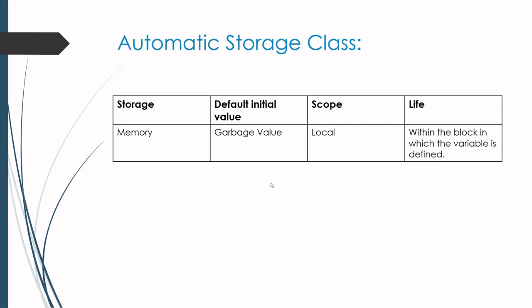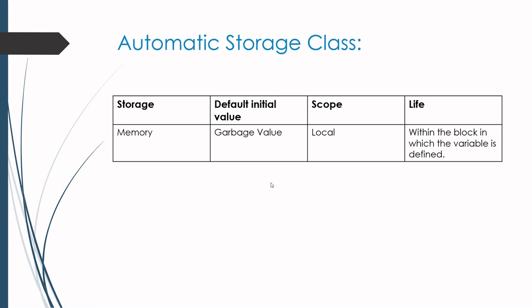The term itself reveals it as automatic. There is no necessity to specify it. By default, the variables come under the automatic storage class only. Even if you wish to define it explicitly, you can define it by means of the keyword auto.